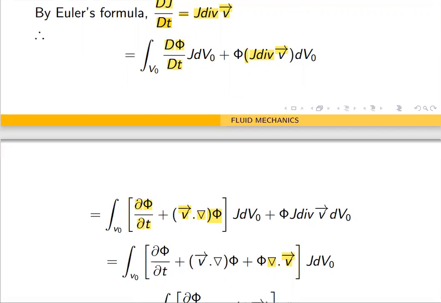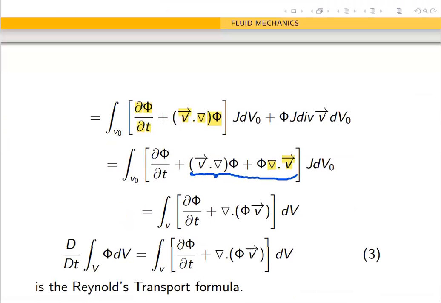Okay, then connect these two. So v dot del φ plus φ divergence v, we have an identity that is equal to this part. So we got the LHS. What is our LHS? LHS is the material time rate of the volume integral of φ dV.